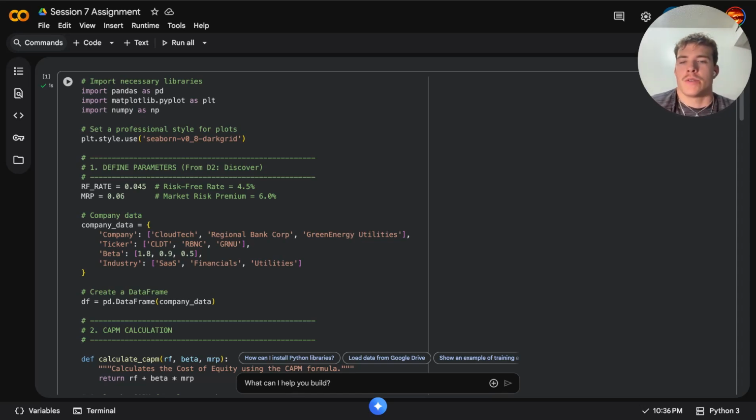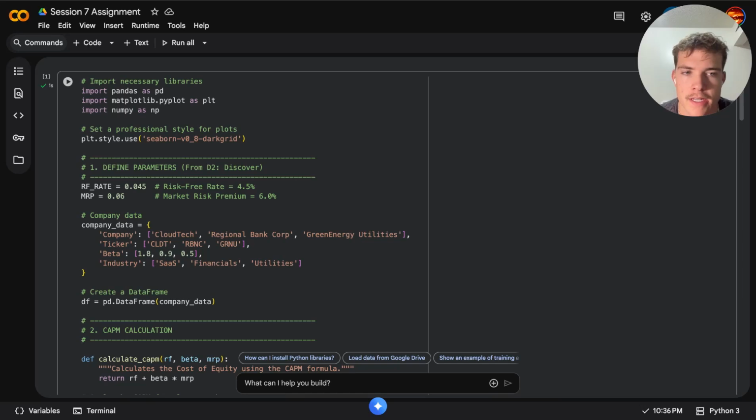So we'll go into part one of our code here. The first step is to define the parameters for our analysis with the discover phase. We've set the risk-free rate at 4.5%, based on the 10-year treasury. This is just the baseline return any investor would demand for a risk-free investment.